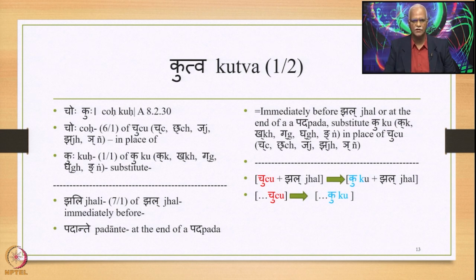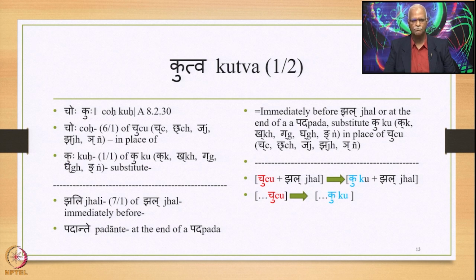This is stated by the Sutra Chokkuhu 8-30. This sutra has got two padas, Choho and Kuhu. Choho is 6/1 of Chu. Chu is Chavarga, which consists of Ch, Chh, J, Jh and Ny.